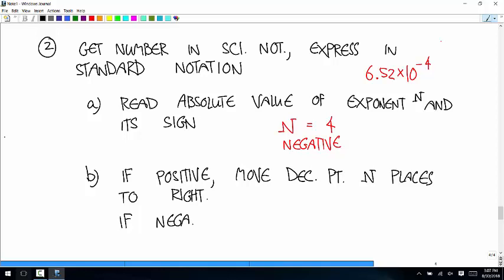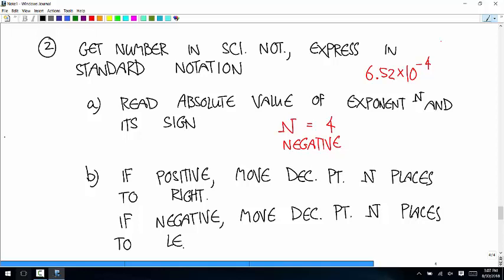If it's negative, move the decimal point n places to the left.